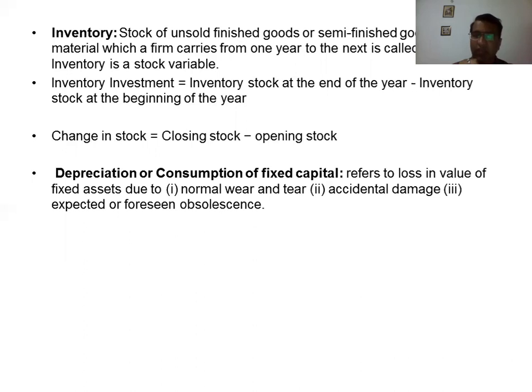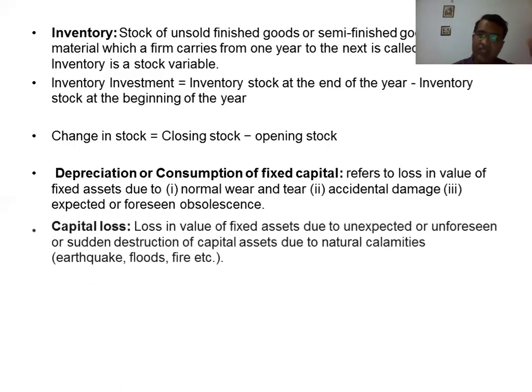When we purchase any asset, the value of that asset decreases normally, and that is called depreciation. Normal wear and tear, accidental damage, and expected or foreseen obsolescence are all part of depreciation, or consumption of fixed capital, due to the use of that asset.